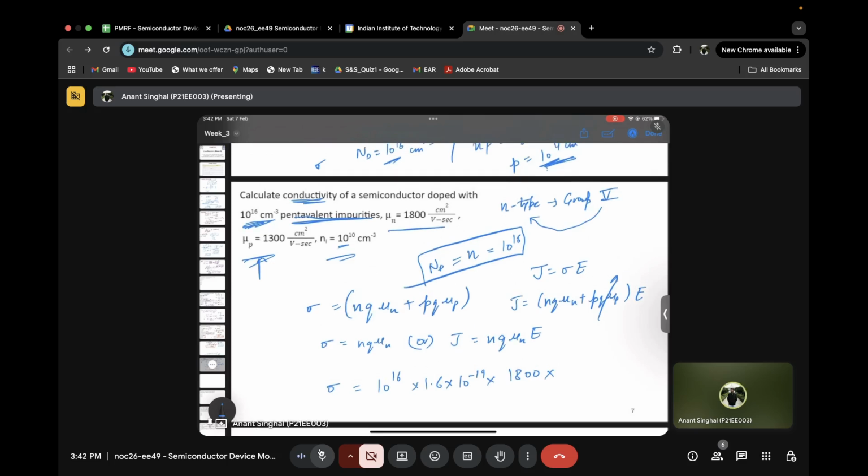Oh, electric field is not given. Oh, we don't need it, sorry. We want only the conductivity, not the J value. So this is the actual answer. This is 10 to the power 16 times 10 to the power minus 19, which gives minus 3, so it would be 1.6 times 1.8, which is 2.88. So this should be the answer.